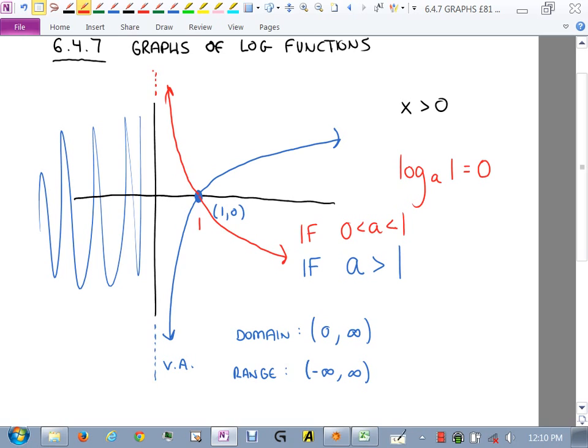All right. So there's a lot of things that changed, right? Exponential function, you had horizontal asymptote. Logarithmic function, you have verticals.